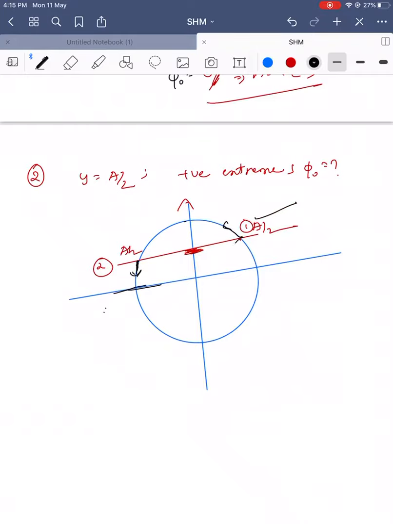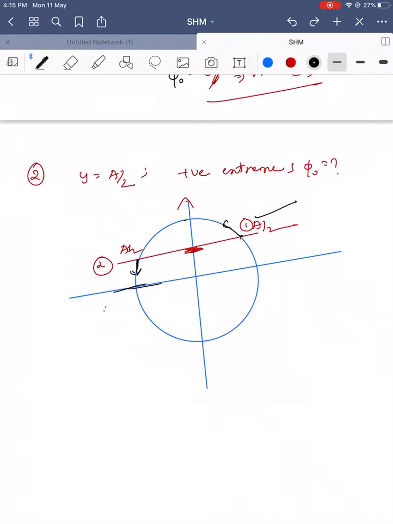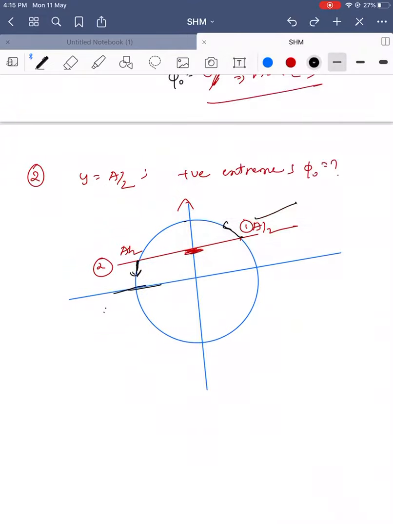Now to get the angle, take t equal to 0. Very important point: draw a straight line to a by 2.